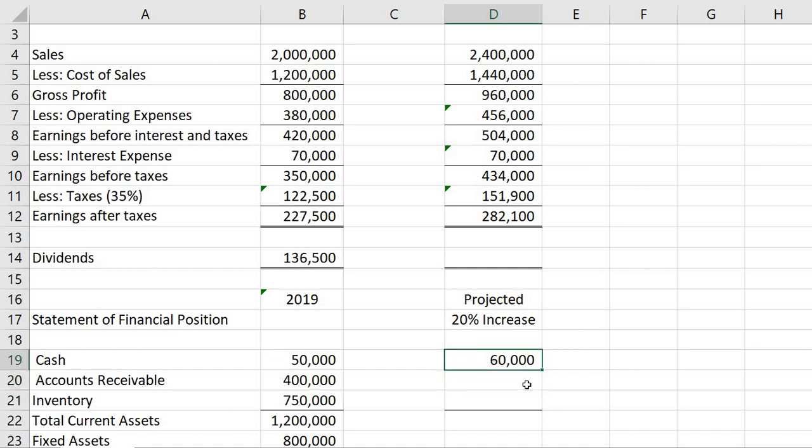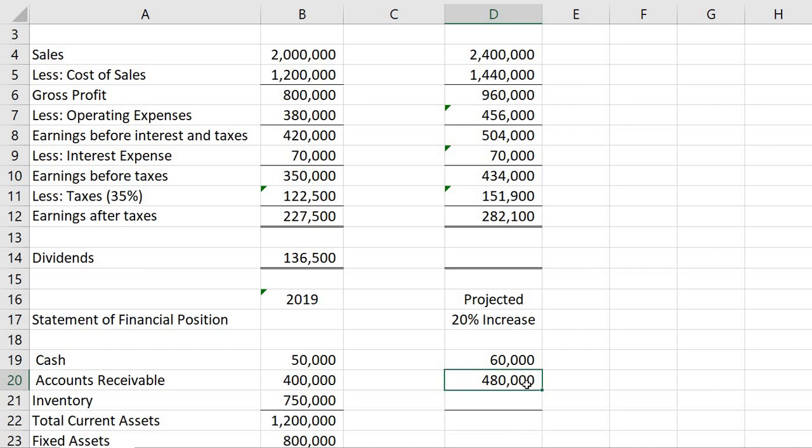The same is true with your accounts receivable. We assume that accounts receivable will also spontaneously increase when our sales increase.